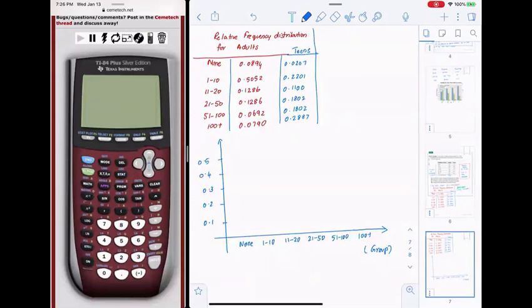I'll just do it in 10% increments and we can deal with it later. So those are the relative frequencies on the y-axis.